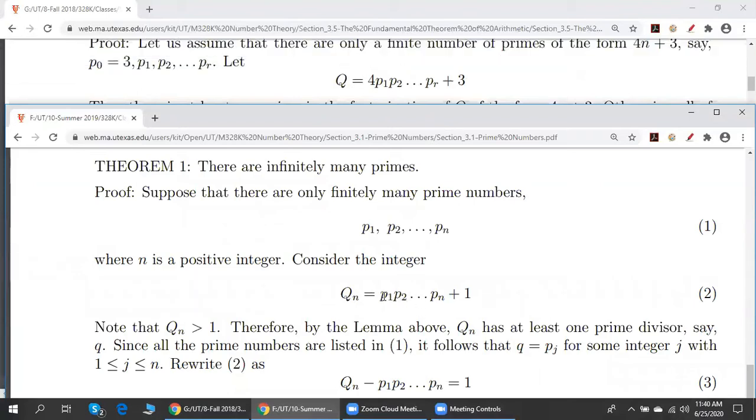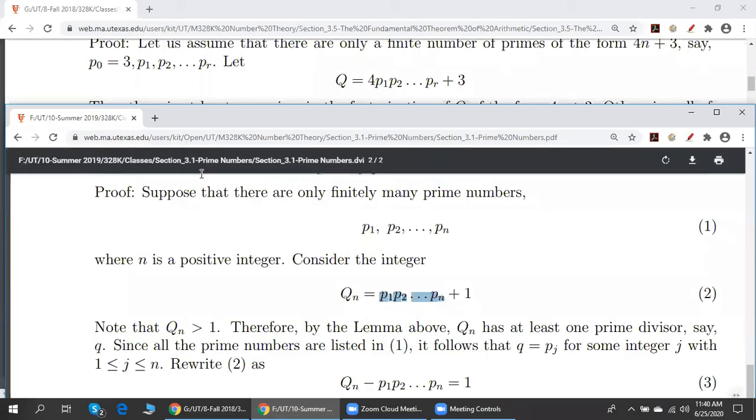Over here, we have the sum of two terms. Term number 2 is the number 1. Term number 1 is the product of all prime numbers. Of course, here we assume that there are finitely many prime numbers.